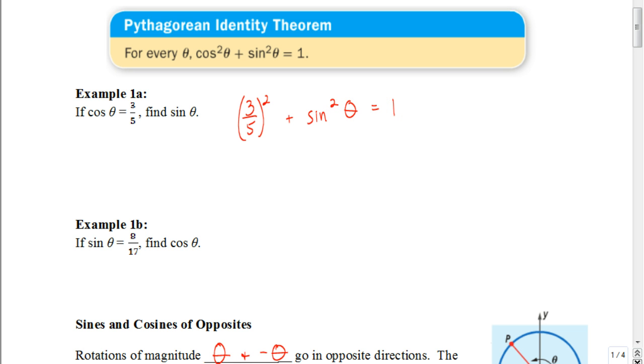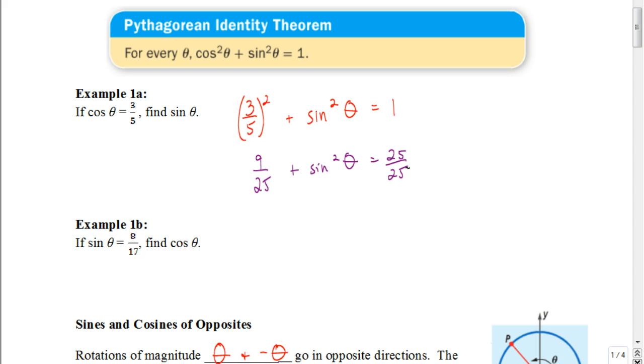So what we're going to do is square each side. So we're going to square the 3/5, both the numerator and the denominator, giving us 9/25. And now I just have to get the sine squared of theta by itself by subtracting 9/25 from both sides. But you've got to be careful, because when I subtract 9/25 from both sides, we've got to look at this 1 as having a common denominator.